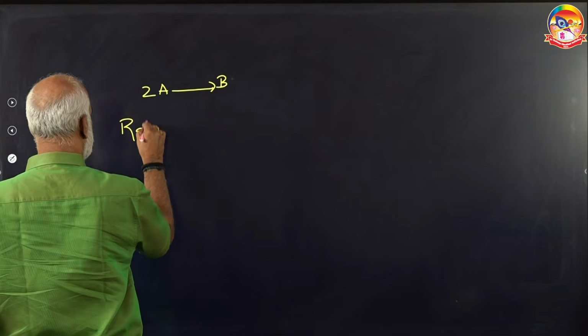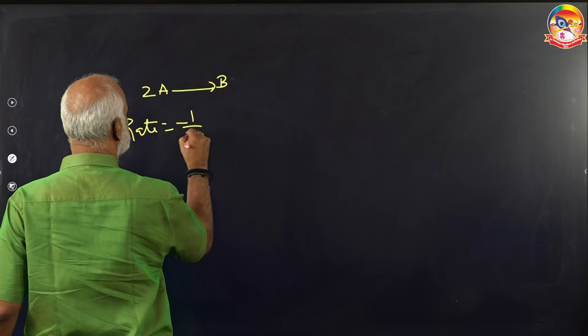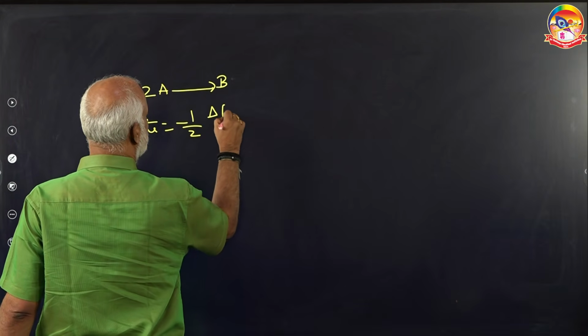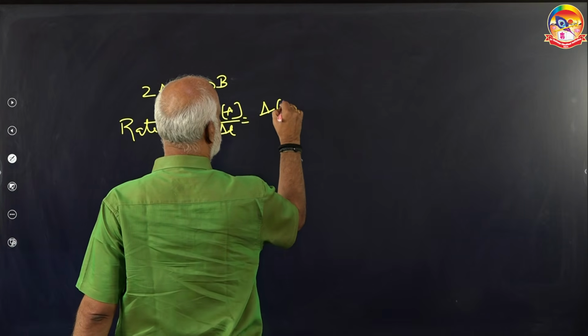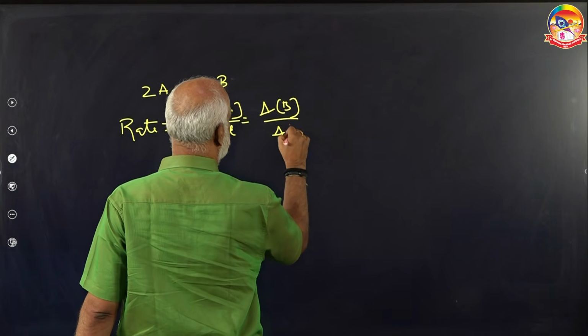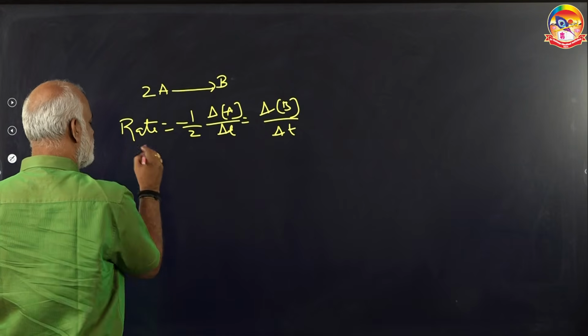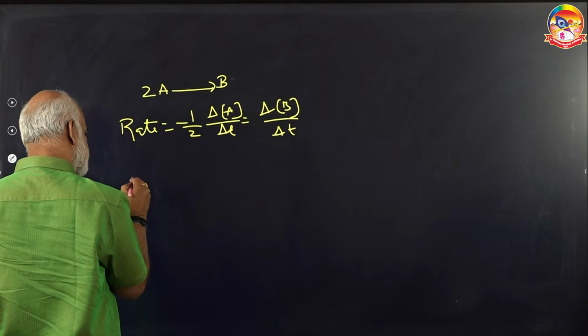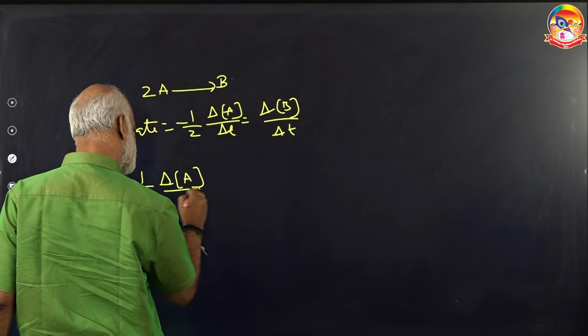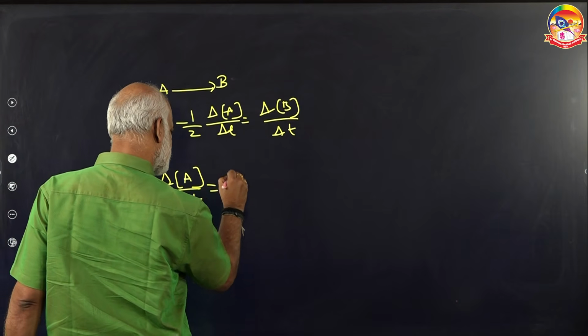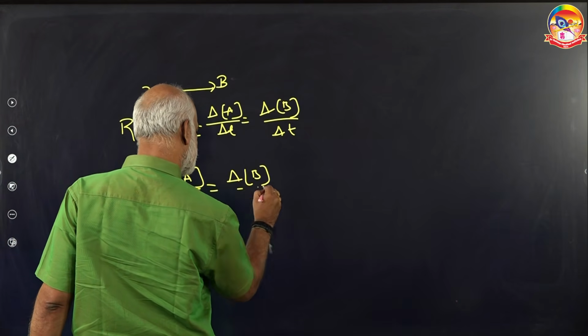Rate is equal to minus delta [A] by delta t is equal to delta [B] by delta t. What we studied is that minus half of delta [A] by delta t is always equal to delta [B] by delta t.